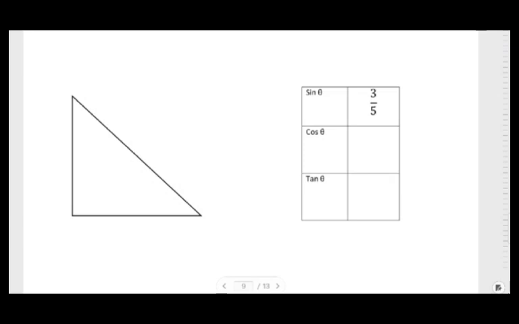Next one. A, B, C, theta. This is my opposite, this is my adjacent, my hypotenuse. Sine theta is opposite upon hypotenuse.